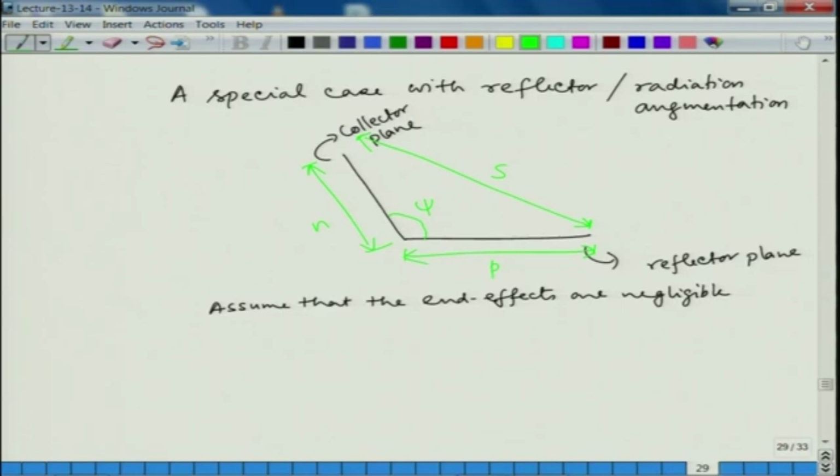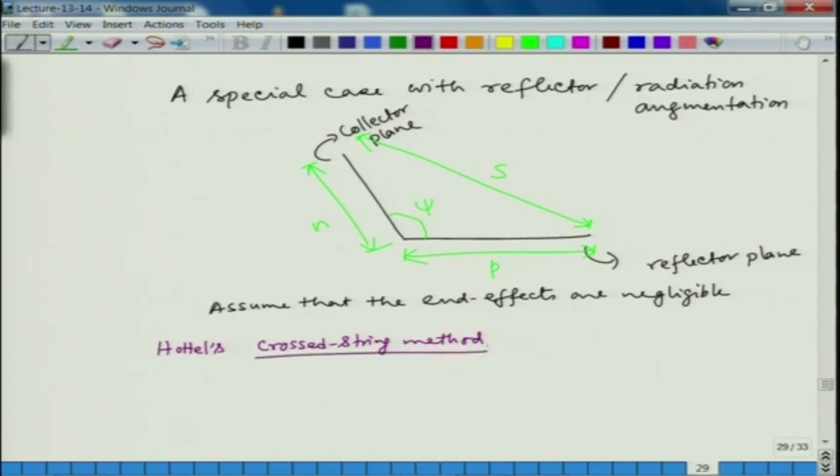So, here we will use Hottel's crossed string method. If you are not familiar with this, please go back to the radiation heat transfer book and look at this particular method.